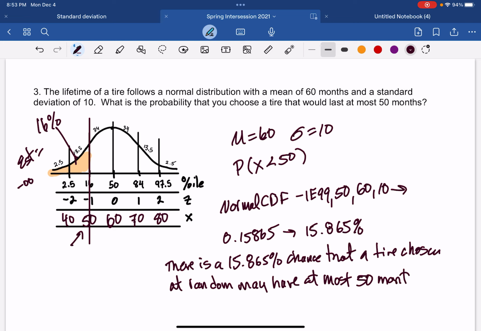Let me see, does that make sense? There is a 15.865% chance that a tire chosen at random may have at most 50 months. Yeah, that sounds about right.